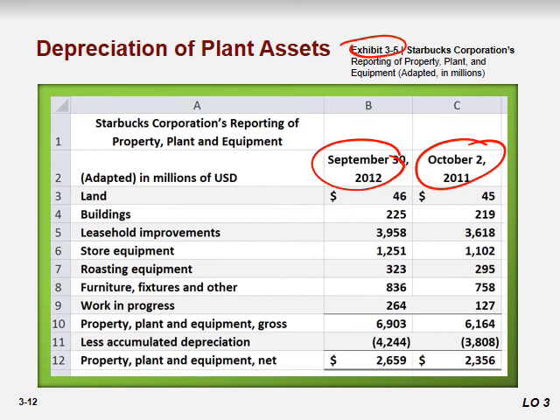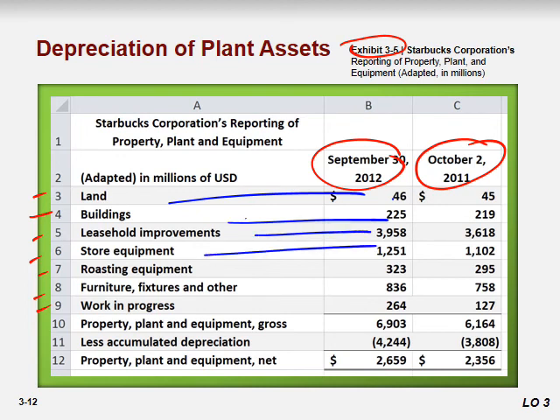Lines 3 up to line 9 specify the assets and their cost: land, buildings, leasehold improvements, store equipment, roasting equipment, furniture and fixtures, work in progress, right?